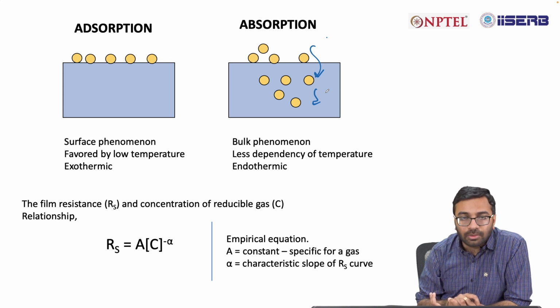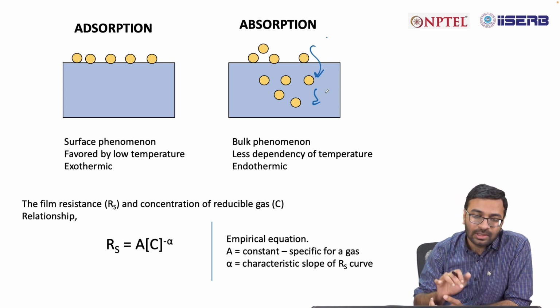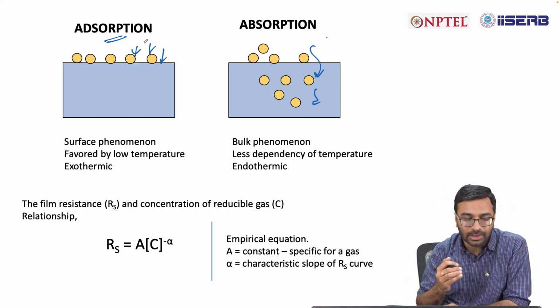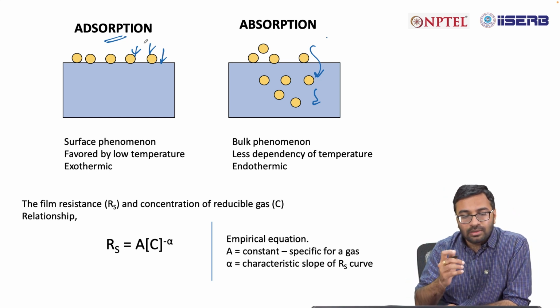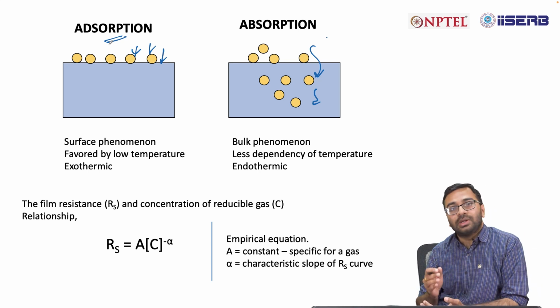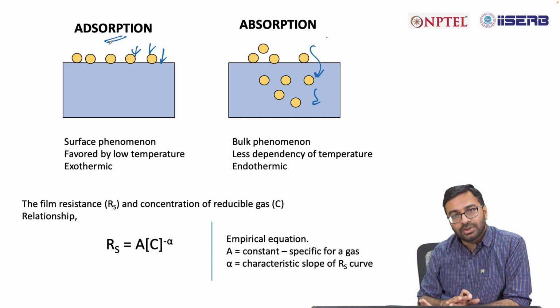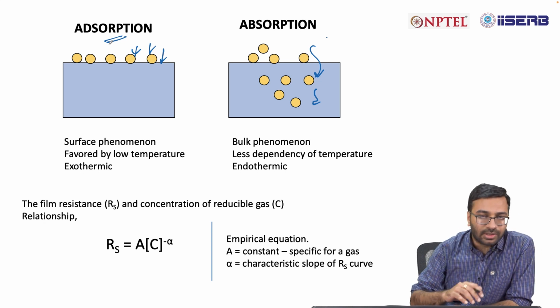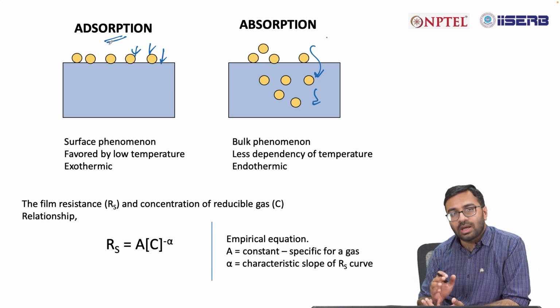and it's an endothermic process. However, on the other side, adsorption is a surface phenomenon. All these molecules will stay on the surface of that material, they will not go into the material, right. Adsorption is favored by usually low temperature. If you increase the temperature, the adsorption will reduce, and it's an exothermic process.